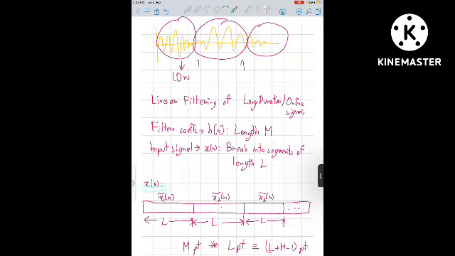But we know that an M point signal convolved with an L point signal gives an L plus M minus 1 point sequence. So what should we do?